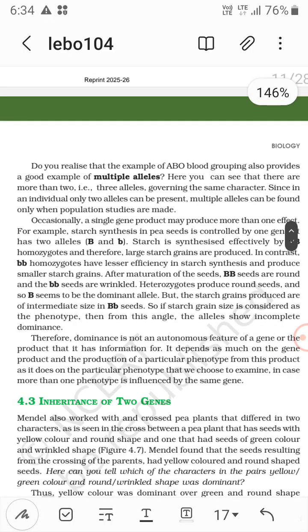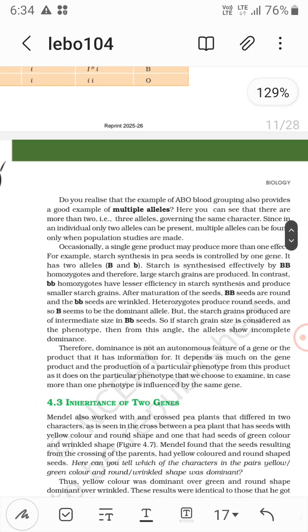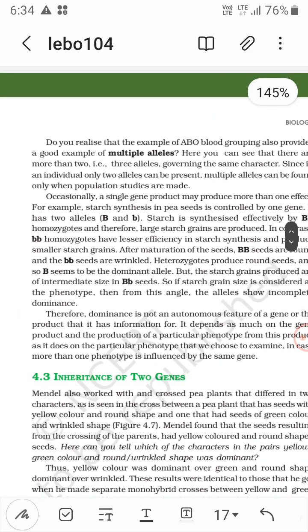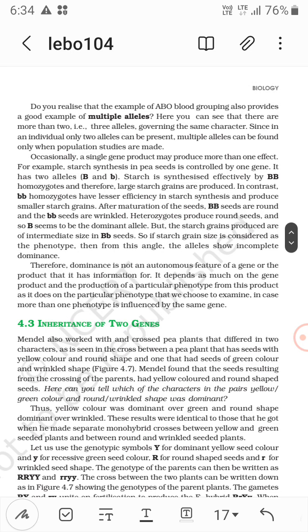Starch grain size and Antirrhinum majus, or snapdragon. These are the two examples of incomplete dominance. Therefore dominance is not an autonomous feature of a gene or the product that it has information for.